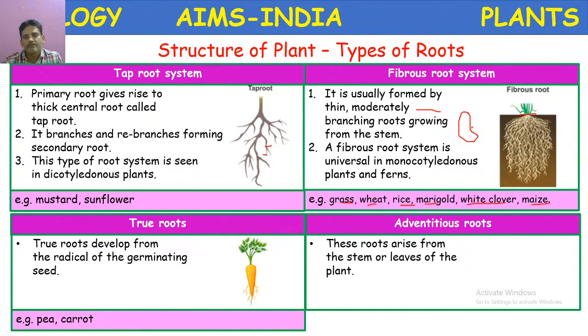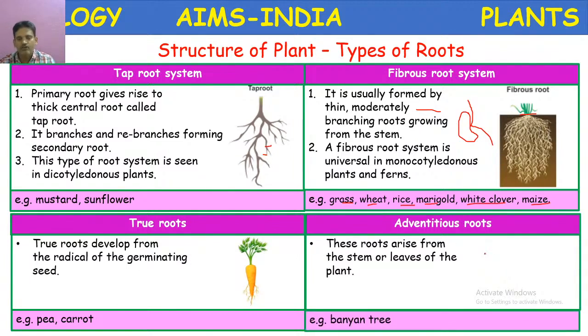If you take a seed, this is the radicle and this is the plumule. When the radicle develops into a root system, it may be a taproot system or a fibrous root system. But adventitious roots are roots that arise from the stem or leaf, vegetative parts of the plant, not from the seed. Such roots are called adventitious roots.